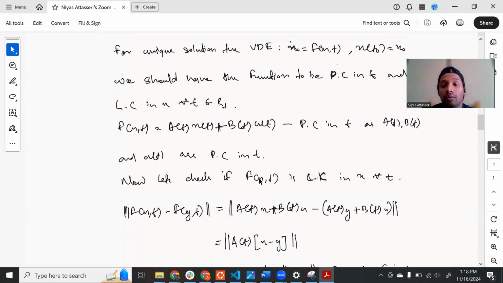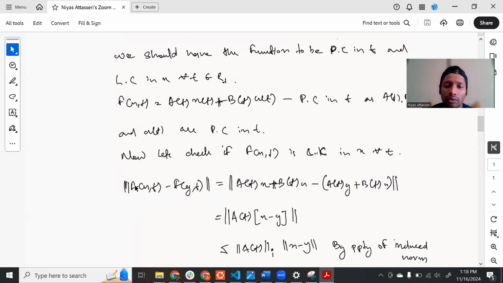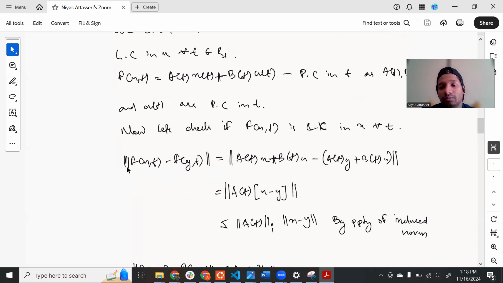Now let's look at how we can prove that f of x comma t is Lipschitz continuous in x. To do that, we take the norm of f of x comma t minus f of y comma t. Replacing x with y in the second expression, we get B of t u of t on one side and B of t u of t on the other side, which get cancelled because of the negative sign in between.